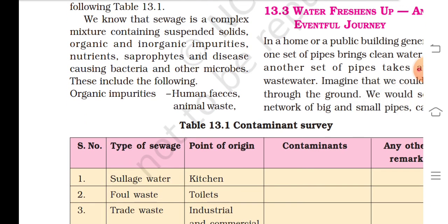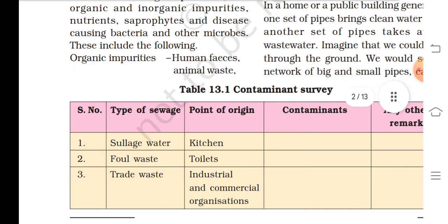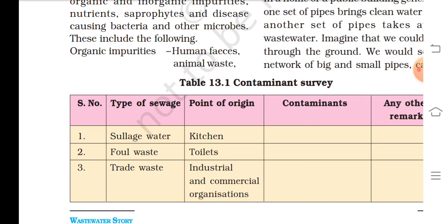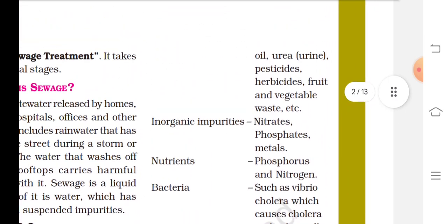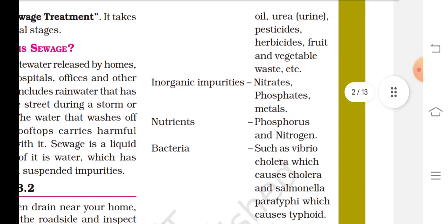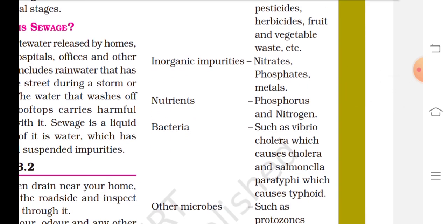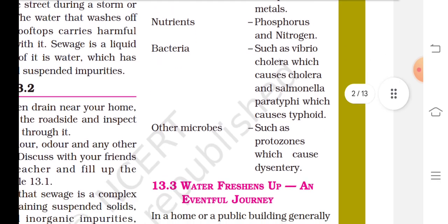We know that sewage is a complex mixture containing suspended solids, organic and inorganic impurities, nutrients, saprophytes, and disease-causing bacteria and other microbes. These include the following. Organic impurities: human waste, animal waste, oil, urea, pesticides, herbicides, fruit and vegetable waste, etc. Inorganic impurities: nitrate, phosphate, metals, nutrients, phosphorus and nitrogen.